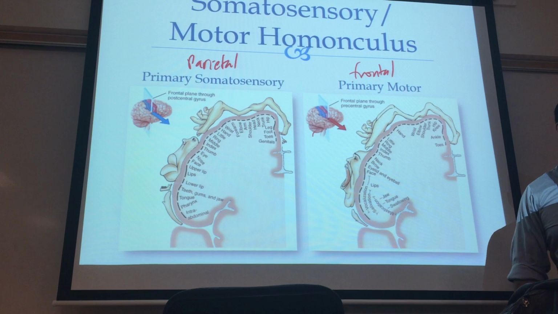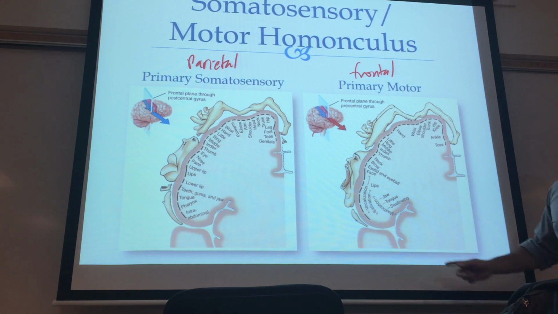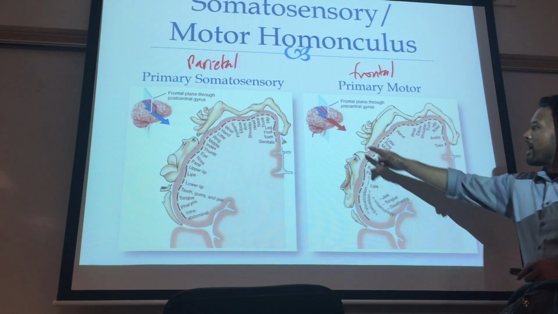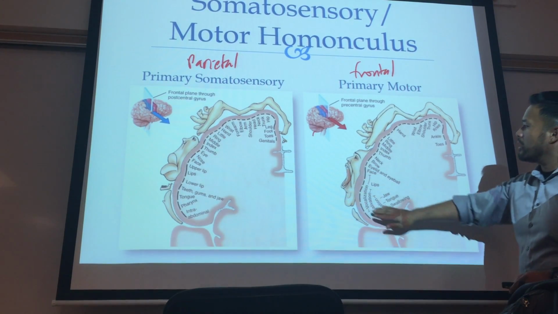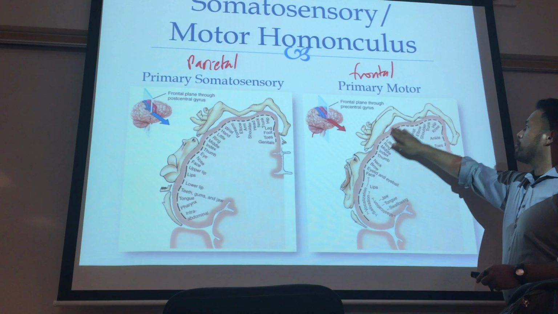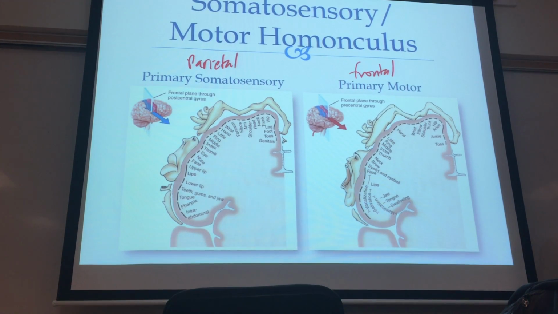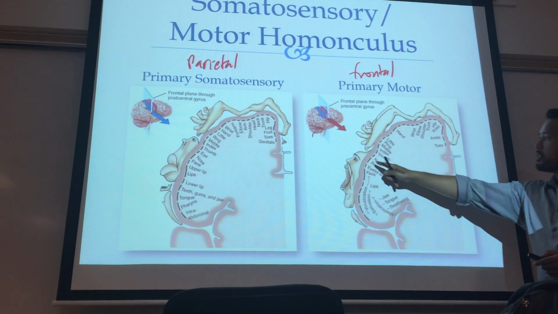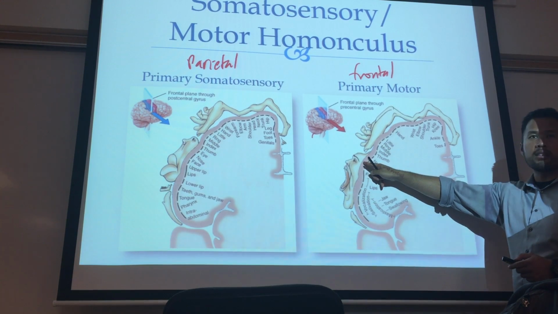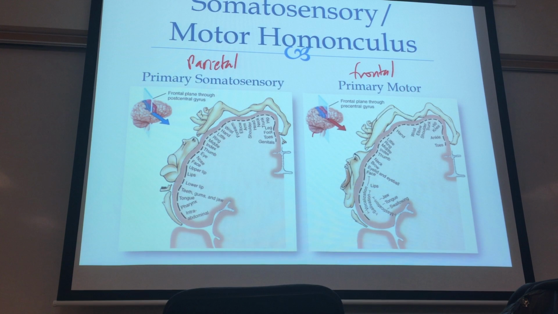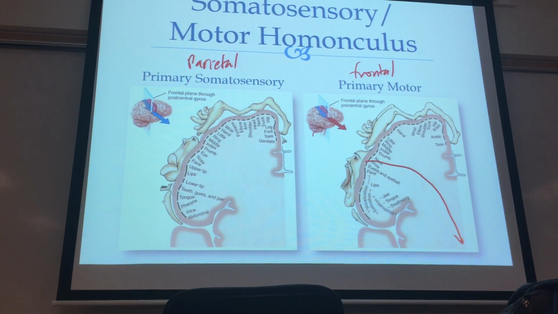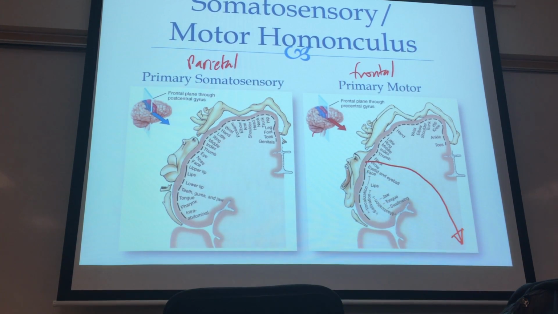Now similarly, on the primary motor, again, the more posterior region of the frontal lobe is going to contain the neurons that are going to be responsible for motion. So these are going to contain the cell bodies for what are called the upper motor neurons. These are neurons that are going to travel down to their respective areas.